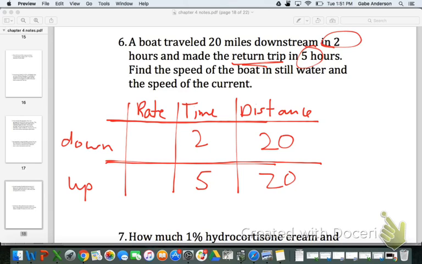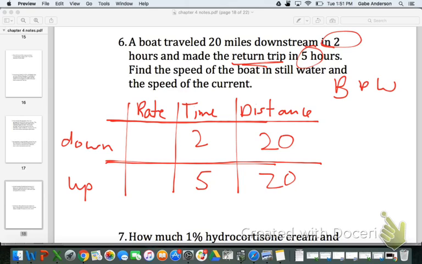So when we think about the rates, can we use B and W for the rate of the boat and the rate of the water? Rate of the boat and rate of the water. So if you're going downstream, isn't the water helping the boat go faster? So what do you think we could write for rate downstream?